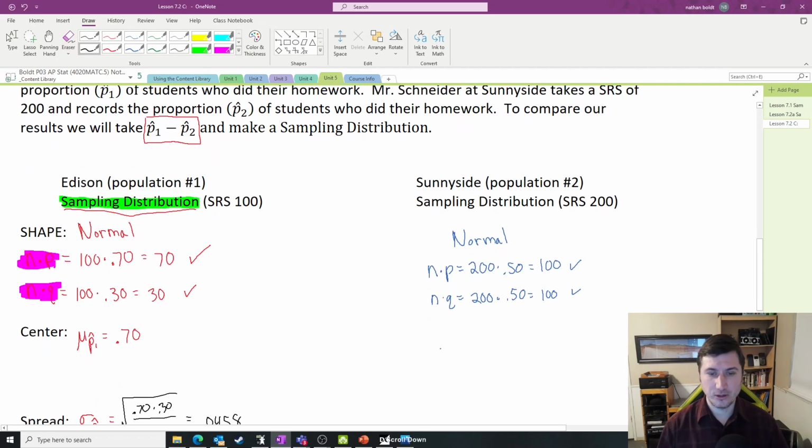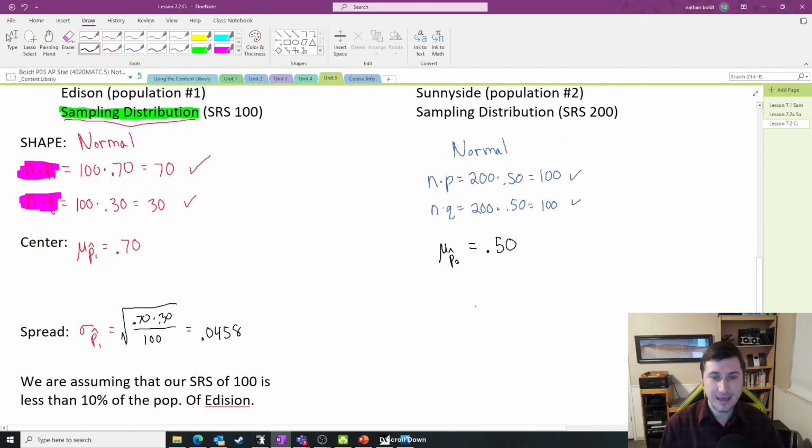The center, what is the mean of p2 hat? The mean there is 50%, right? The same proportion as the population. And his standard deviation of p2 hat is equal to the square root of 0.50 times 0.50 over his sample size, which was 200.